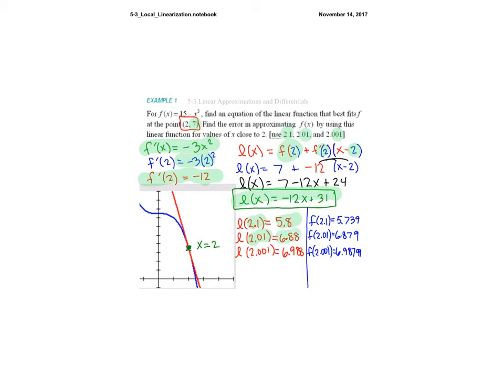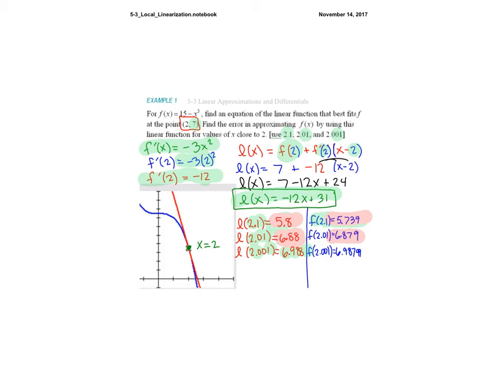2.01, you get... So apparently the closer you get to 2, the more accurate the number is going to be. Because if we actually were to put in these values, you can see that 5.8 is a little bit far away from 5.739. And 5.88 is getting a lot closer. At this point, it's super close. From here to here, that's like 0.06 away.